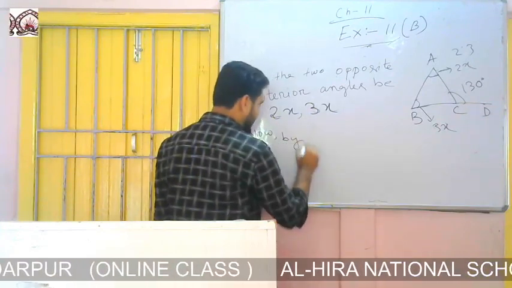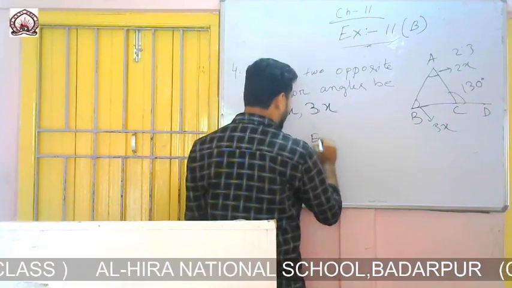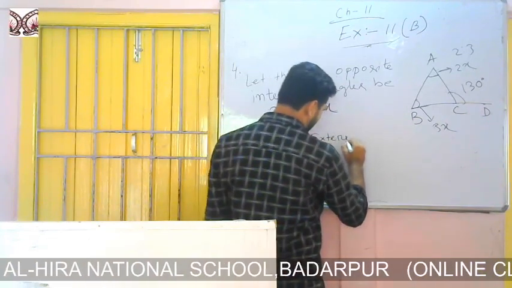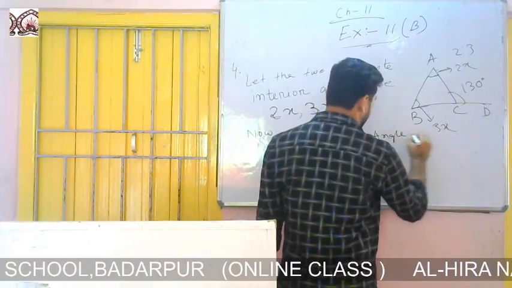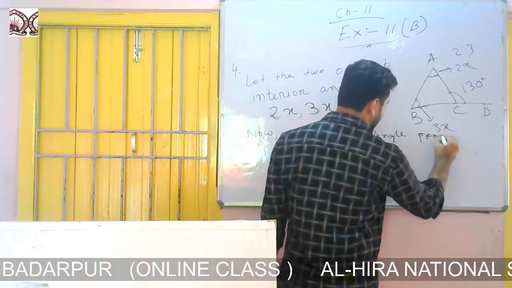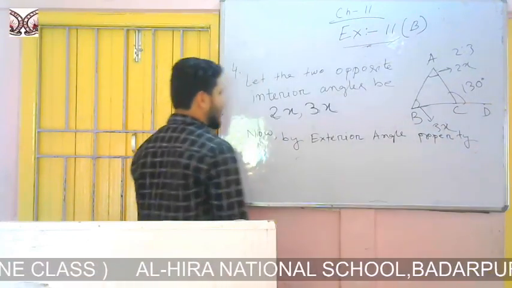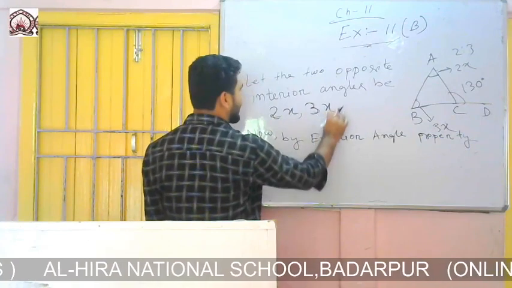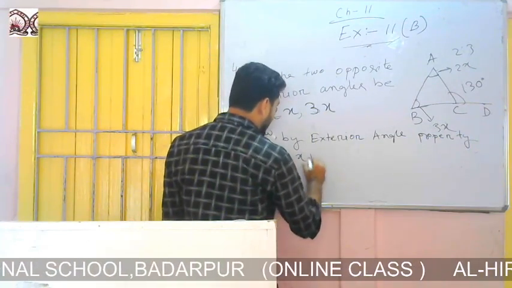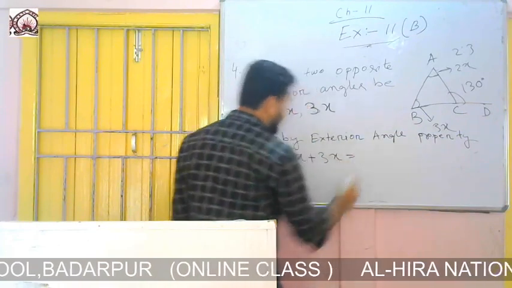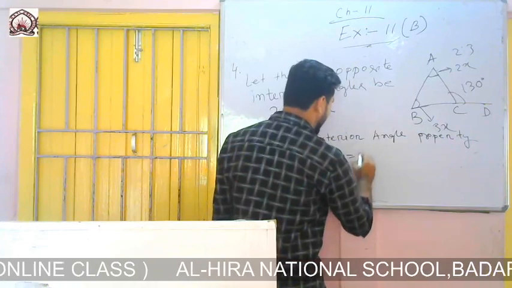Now by exterior angle property, what does it say? We can write that twice x plus thrice x equals 130 degree.